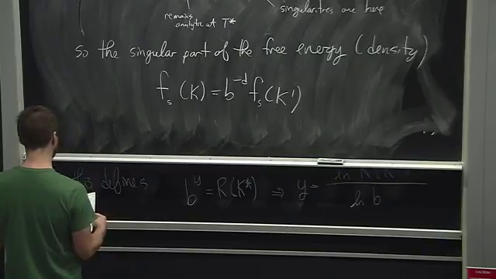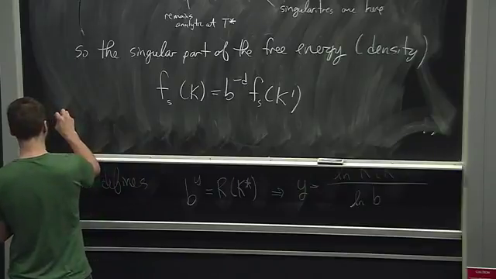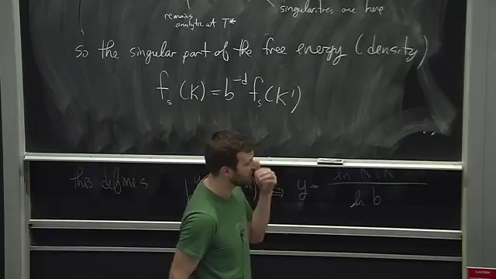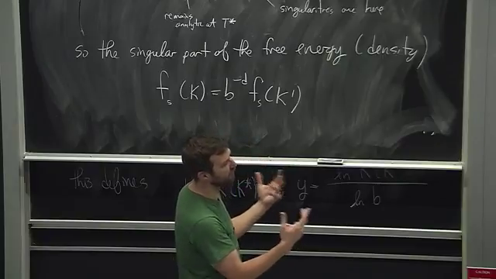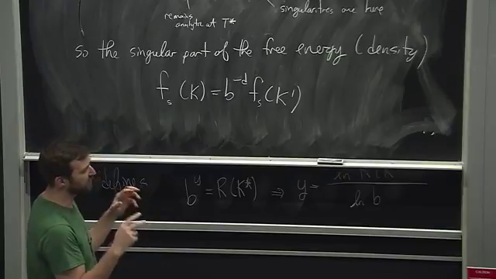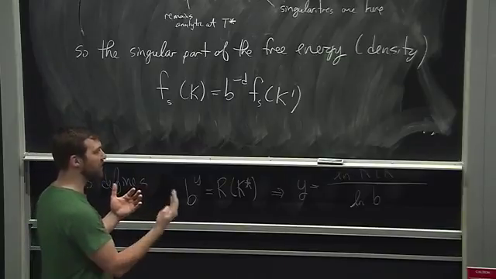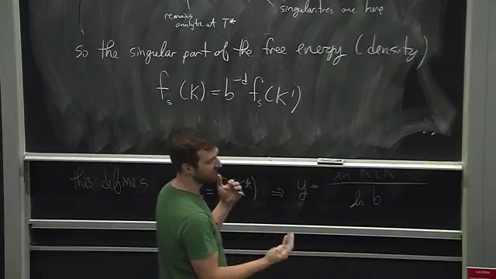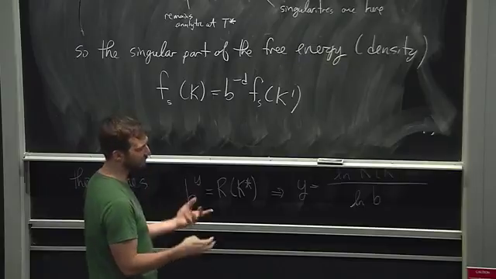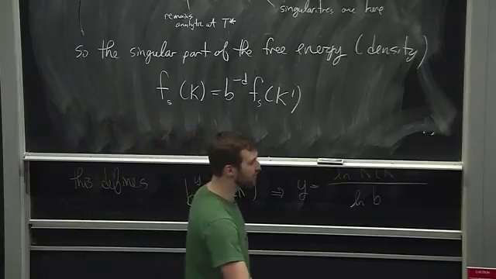So close to the fixed point, let's ignore the irrelevant variables. So let's assume we have two variables. I only have one, but I want to generalize this. So this is what I'm going to do on Friday. I want to generalize the fact that we have just the temperature, but I also want to include anything. I'm going to call it a field, but it could be next-nearest-neighbor couplings. It could be whatever. On your assignment, you're going to deal with a field.